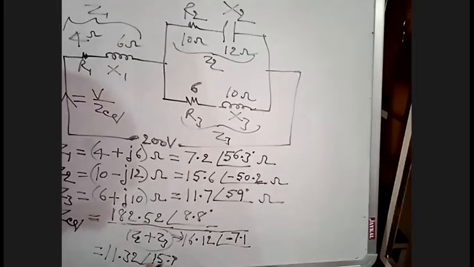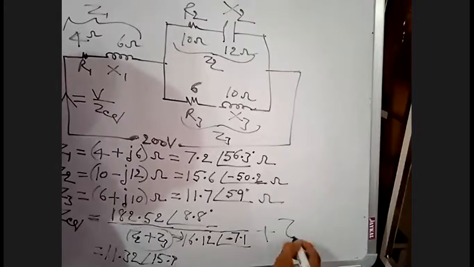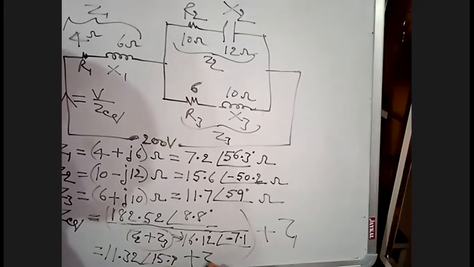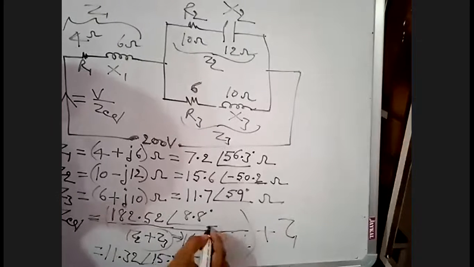Now here Z equivalent has plus Z1 also. This is only Z2 Z3 by Z2 plus Z3. In the denominator we have minus 7.1; if a minus comes to the numerator, it becomes plus 7.1.